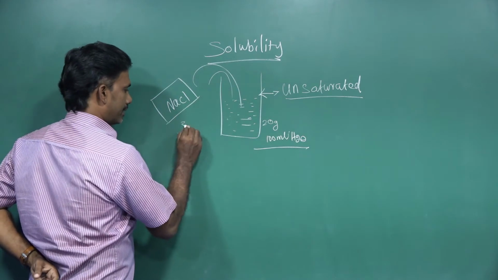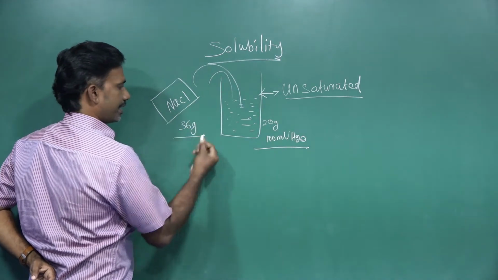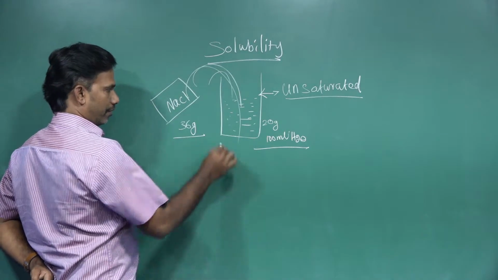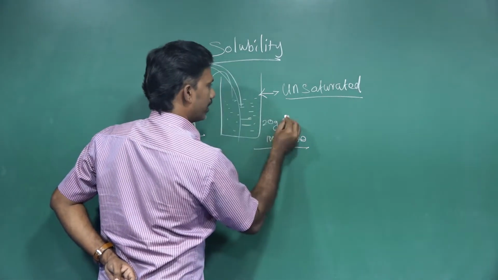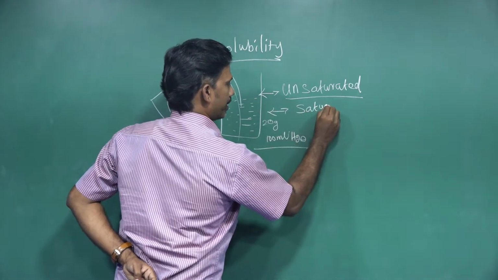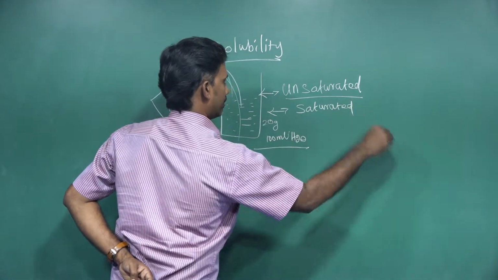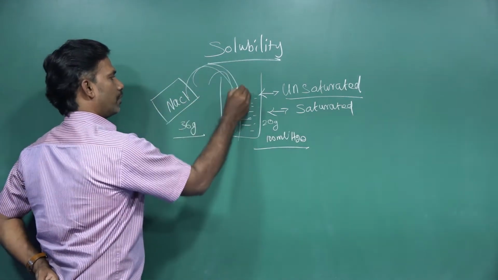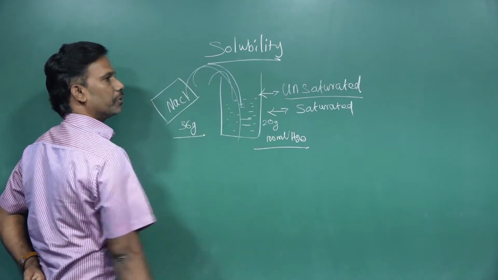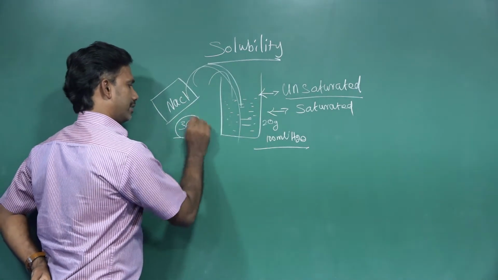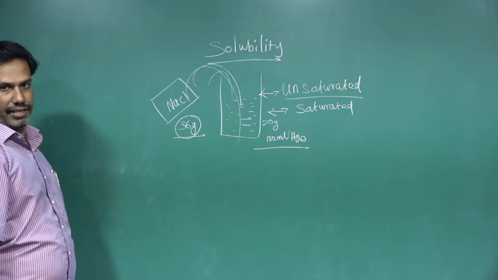Okay, if you take 36 gram of NaCl in 100 ml, everything will be dissolved. This is called a saturated solution. That means further amount of solute cannot be added to the solvent. The solvent is completely dissolving only 36 gram of NaCl.